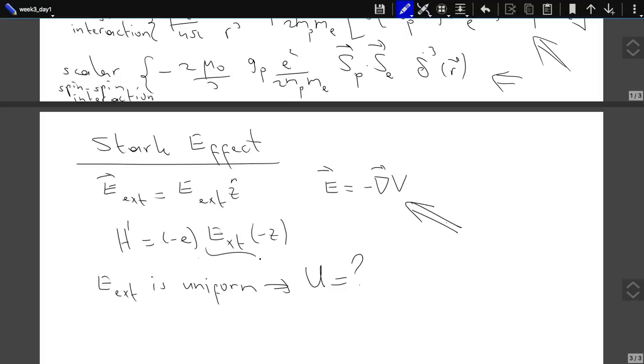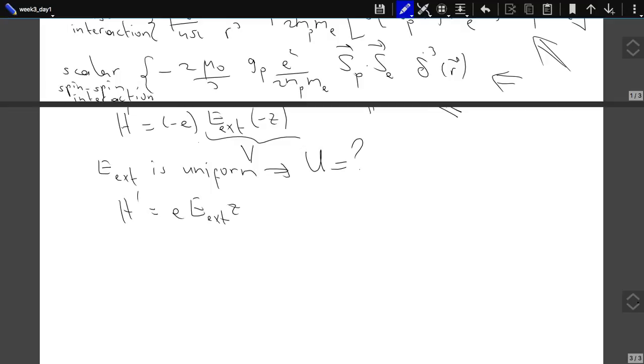So this is my potential, V. If you take its gradient, it just gives you a constant E external, because in the definition of the electric field there is a minus sign. So we know our perturbation Hamiltonian: e E z.